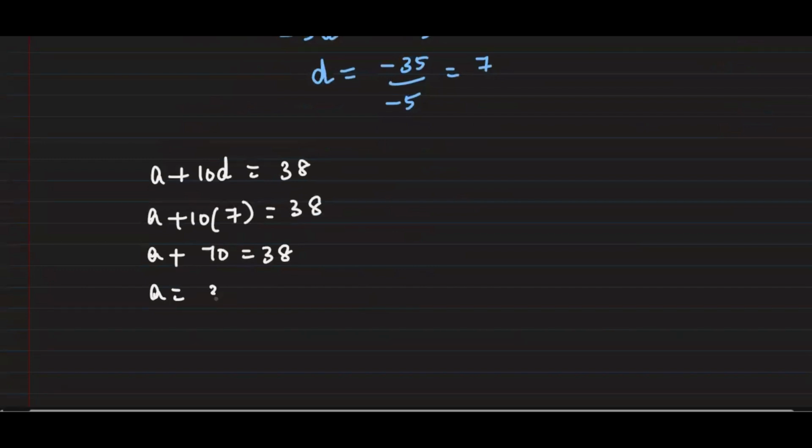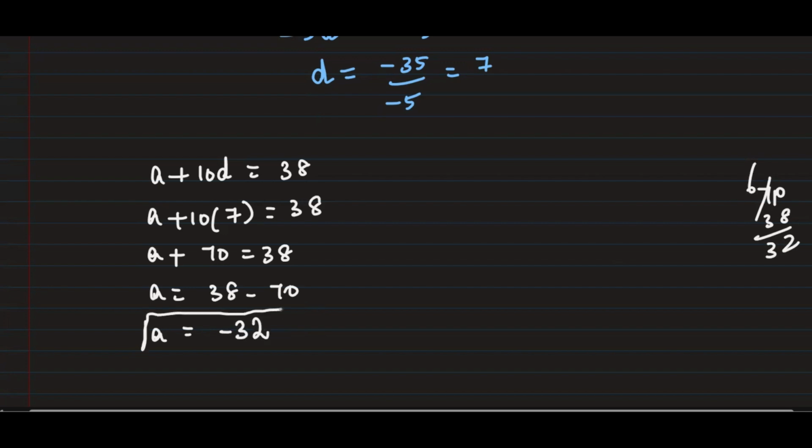A equals 38 minus 70. That will become 70 minus 38 if you do, that will become minus 32. So now we know A value is negative 32 and D value is positive 7.